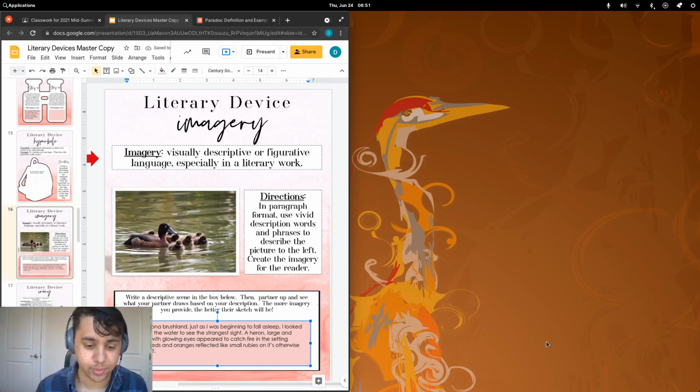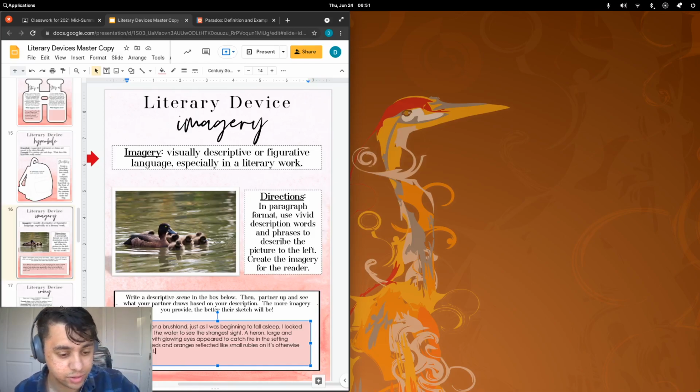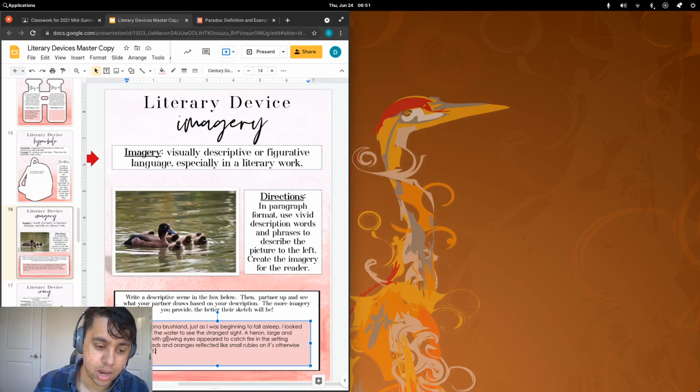Why is this imagery? Well, through use of description, we have built a picture of this fiery heron. So let's look at the descriptive words that I've used here. I talked about the water. I talked about the Arizona brushland. If you have an idea of Arizona and what the brushlands look like, you would know what that looks like. You can imagine a water, a stream or something being there.